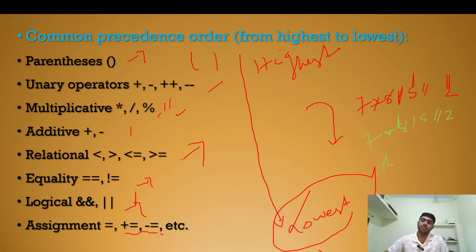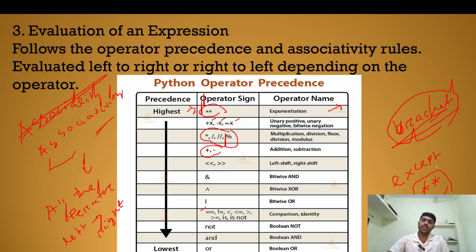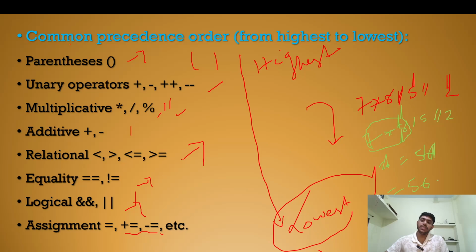Multiplication means 7 into 8, 56. Then which operator comes next? Division. So 56 by 5, what will come?